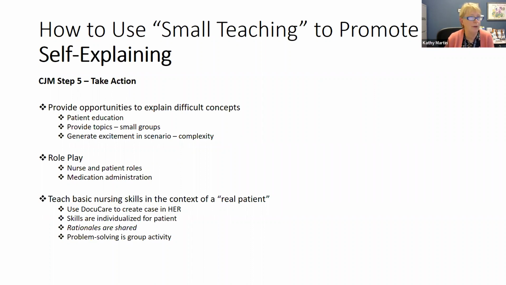So how will we, in the classroom, allow students to have practice with action-oriented nursing interventions? Patient education is definitely one way. Another way is role playing.